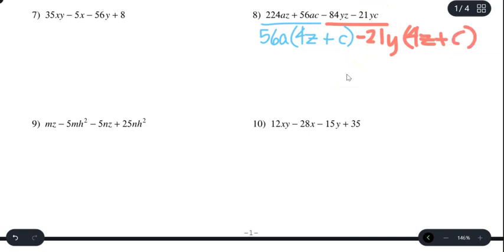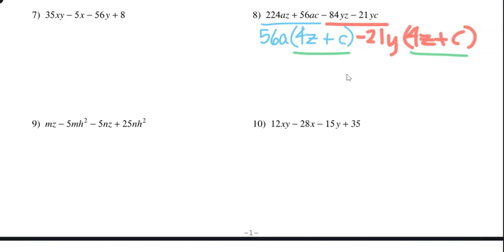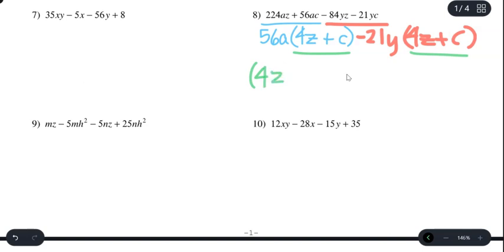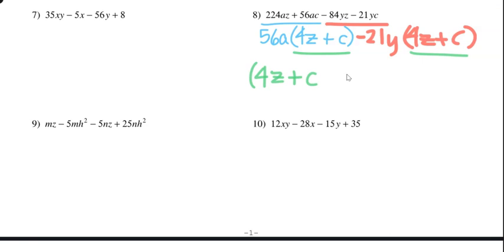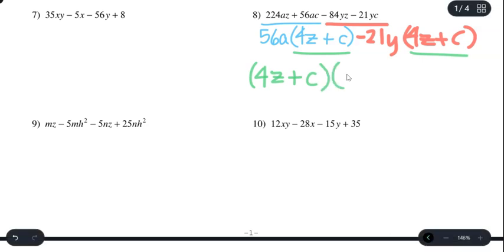Now you can see that these two match nicely. So now I'm going to factor out 4z plus c from 56a minus 21y. And that is my answer.